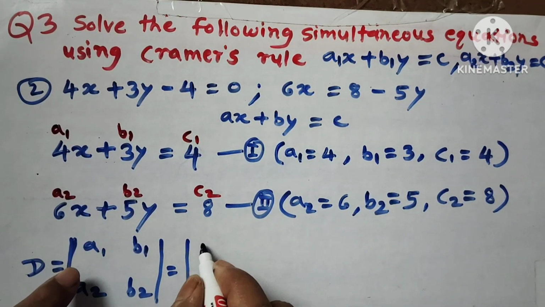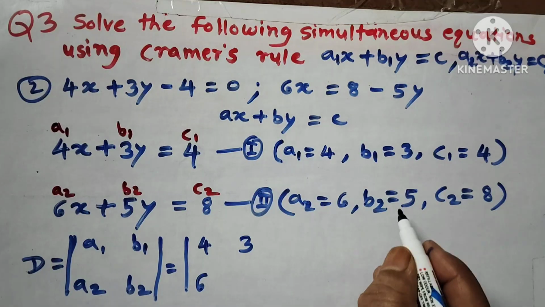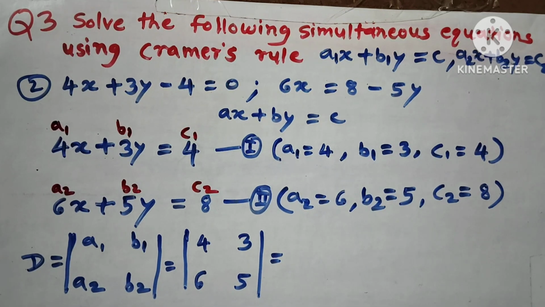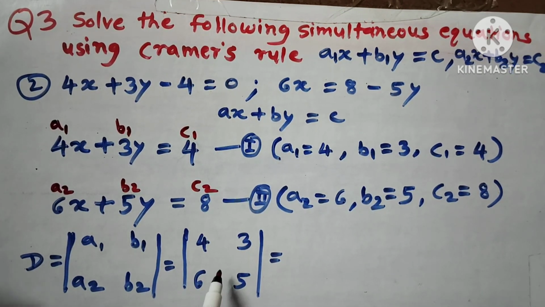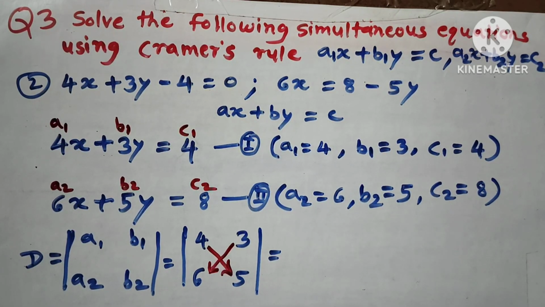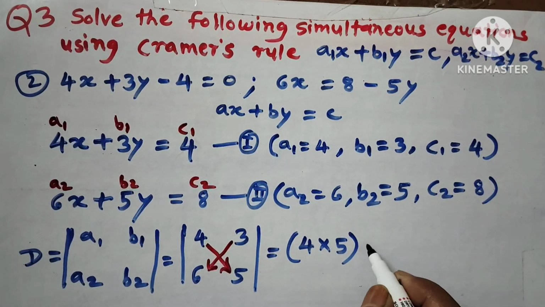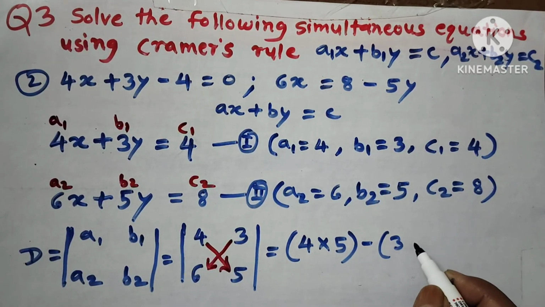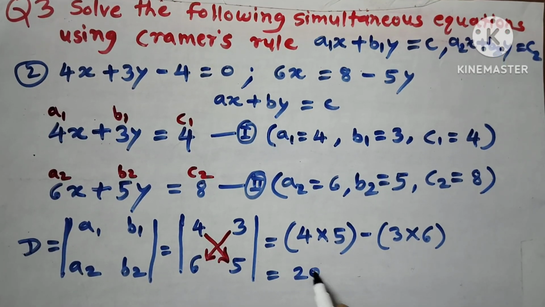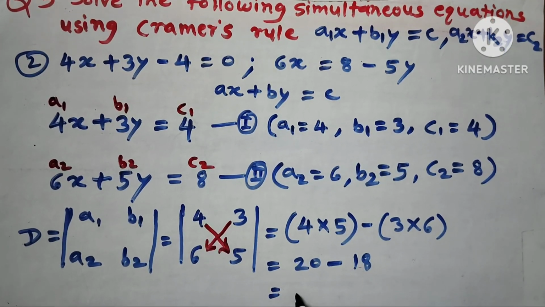Value of a1 is 4, b1 is 3, a2 is 6, b2 is 5, is equal to in bracket 4 into 5, bracket complete, minus in bracket 3 into 6, is equal to 20 minus 18 is equal to 2.